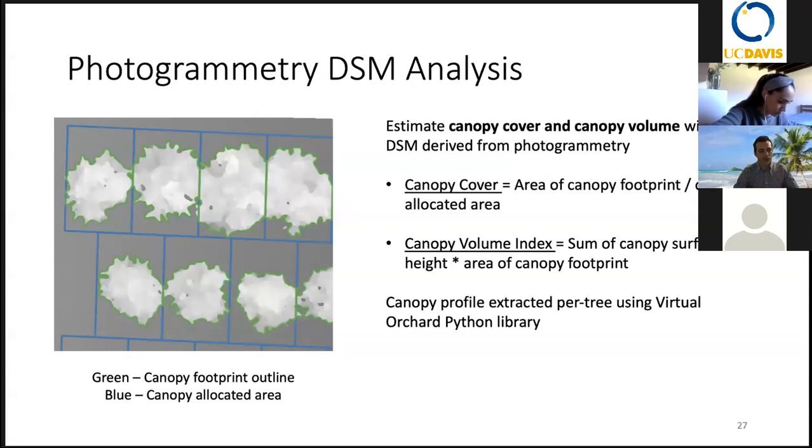So what we can extract from this, first of all, we can extract canopy cover, the percentage of this rectangle that is covered by the canopy, but we can also calculate an index of the volume that is a more accurate representation of canopy size, because it also includes the height information.